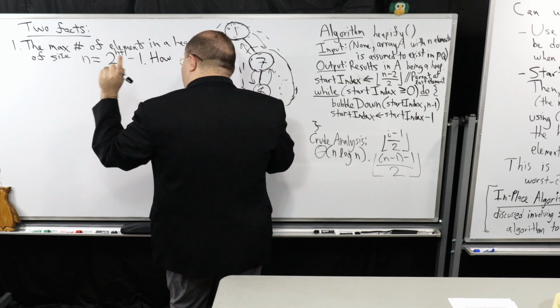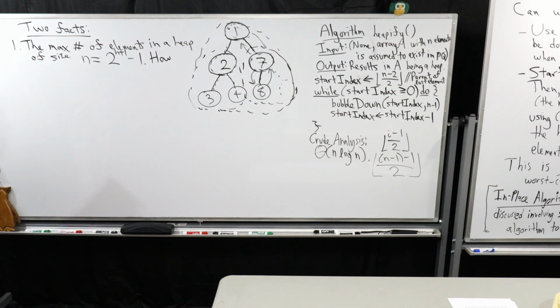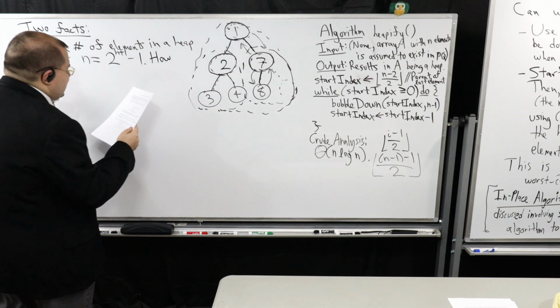So the question I have for you, now this is where, like I said, this is not going to look very easy at first, but I'm going to point it out to you.